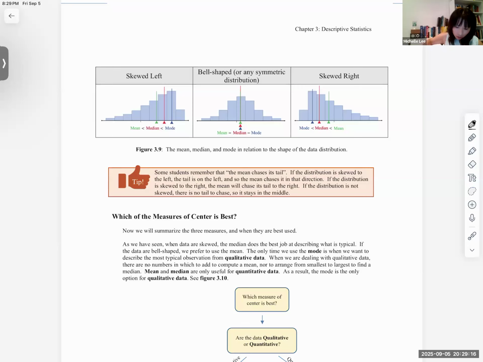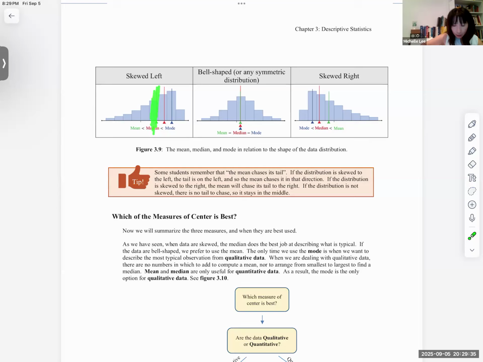All right, good. Okay, so we have skewed left, skewed right, and bell shape here. Let's take a look. The median is the middle number, right? So it's about here.